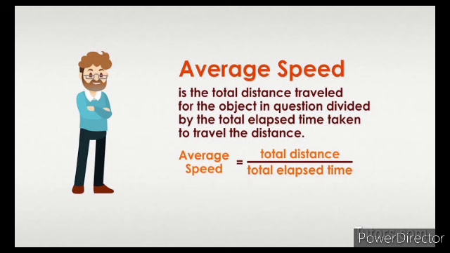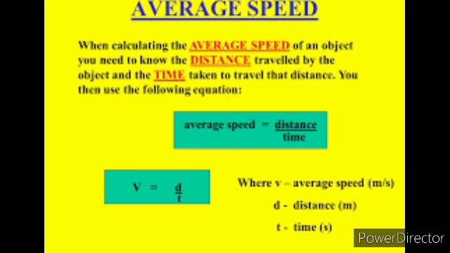We can write average speed equals total distance travelled divided by total time taken. So if an object travels a distance s in time t, then its speed v is equal to s divided by t. So here s is distance, t is time.